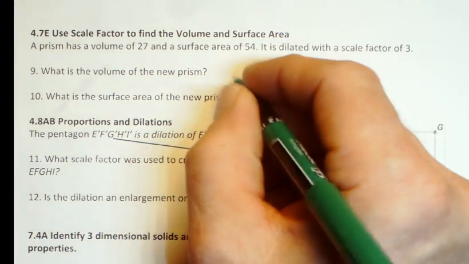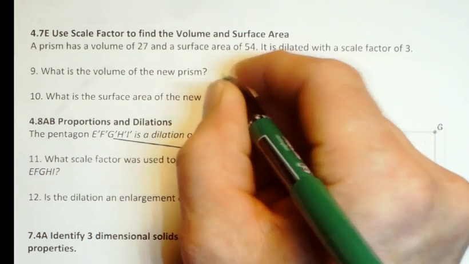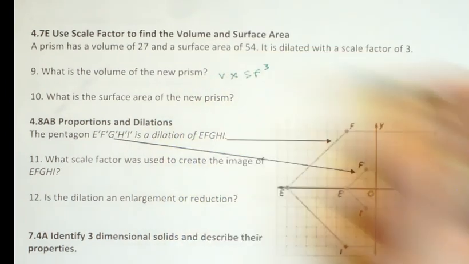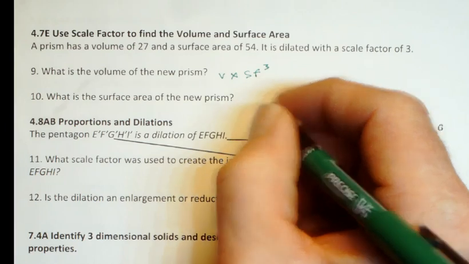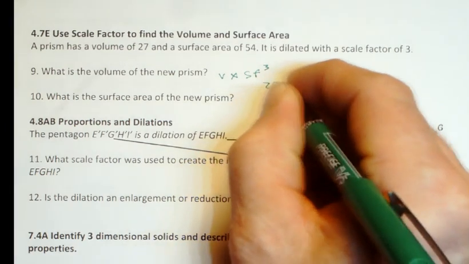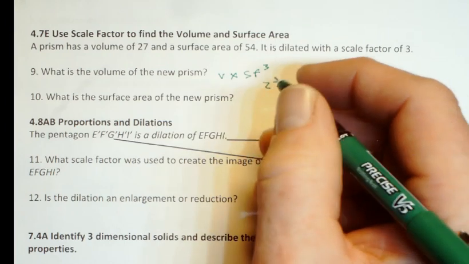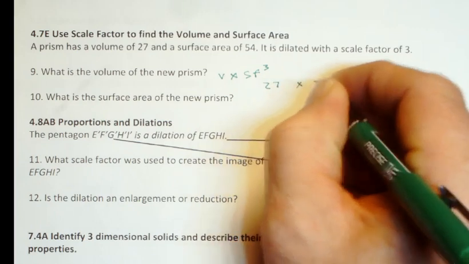So the volume is going to be whatever the original volume was, times the scale factor cubed. So our original volume is 27, and we're going to take that times the scale factor, which is 3, cubed.